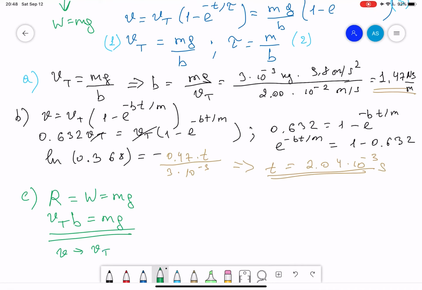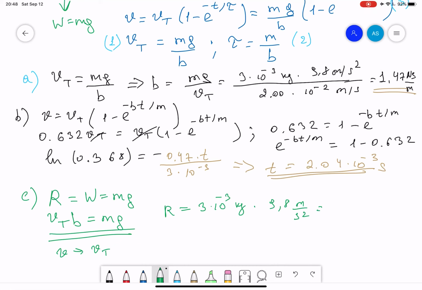Therefore, we can use both equations: terminal speed times b, or mg. In our case, let's just use mg because it's easy. The mass is 3 grams, that is 3 times 10 to the power of minus 3 kilograms, multiplied by g, which is 9.8 meters per second squared.